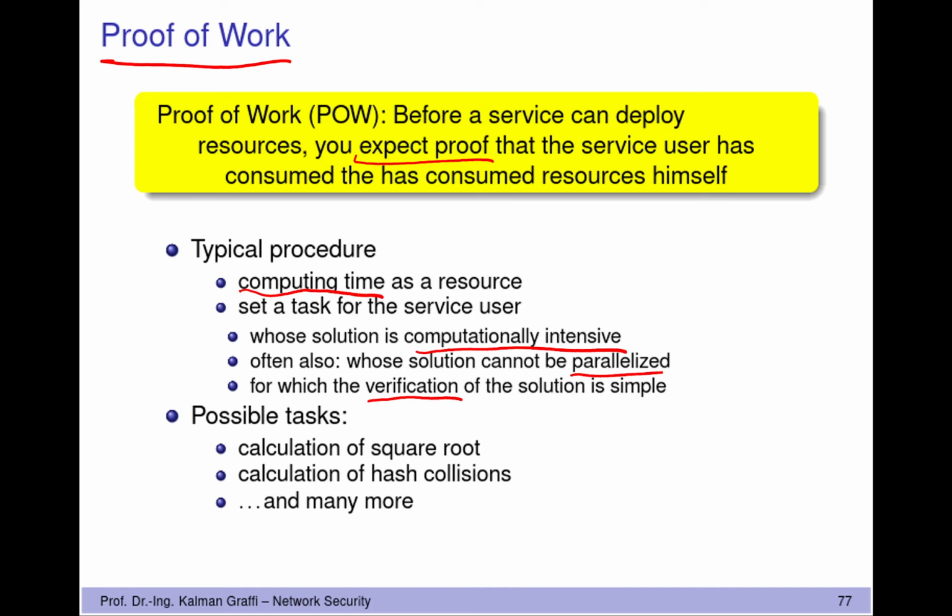So for example, calculation of square roots or hash collisions. Let's say you have a hash. A hash is always mapping to a fixed size of bits.